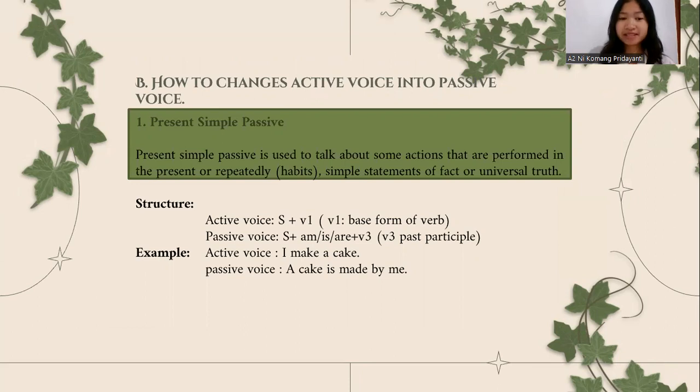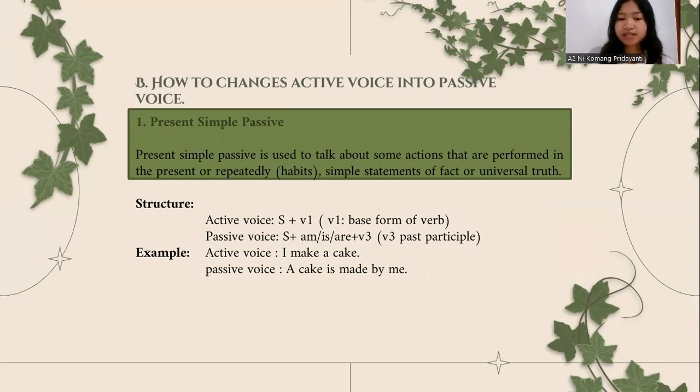For present simple, passive is used to talk about some actions that are performed in the present or repeatedly, like habits. For the structure, active voice is subject plus verb 1.